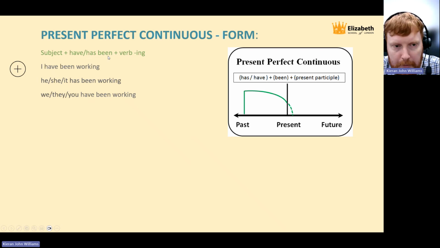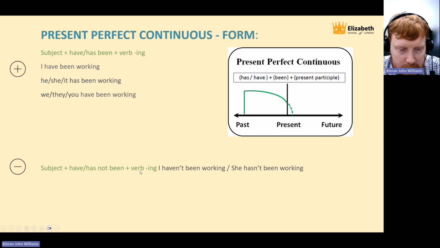We need to use been, and then we need to use the verb in its ing form. If you take the verb work, for example, it would be I have been working, he, she, it has been working, and we, they, you have been working. That's in the positive form. In the negative form, you just use not to change it.